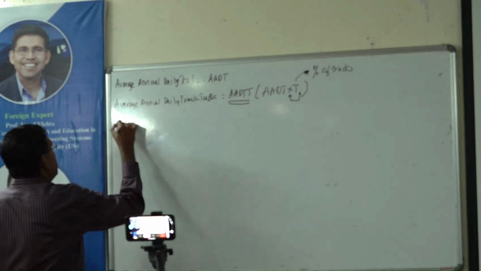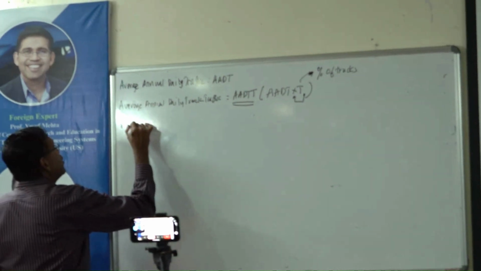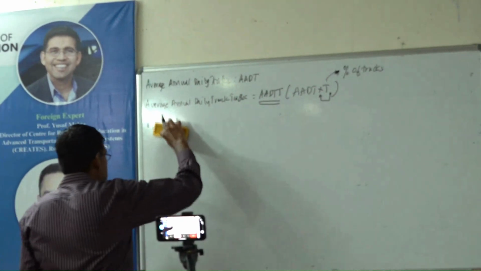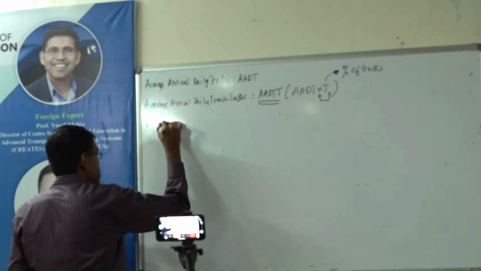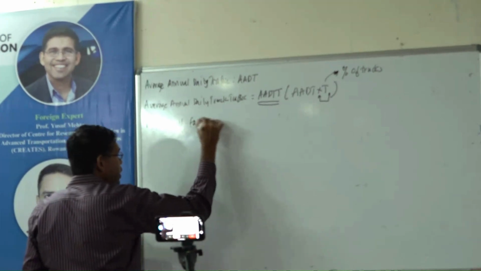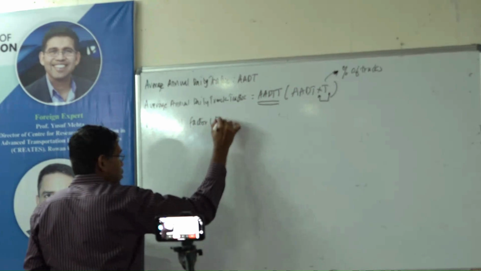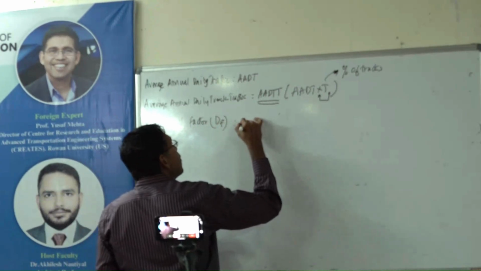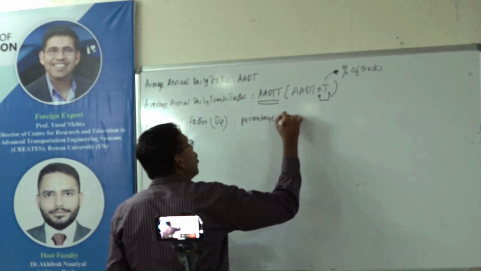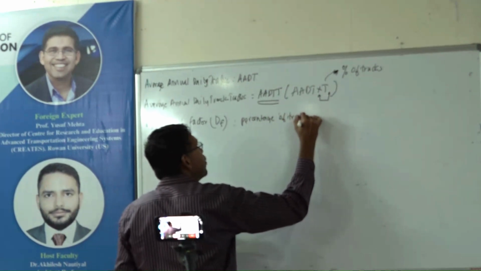Next is called the directional factor, DF. That means the percentage of traffic in each direction.